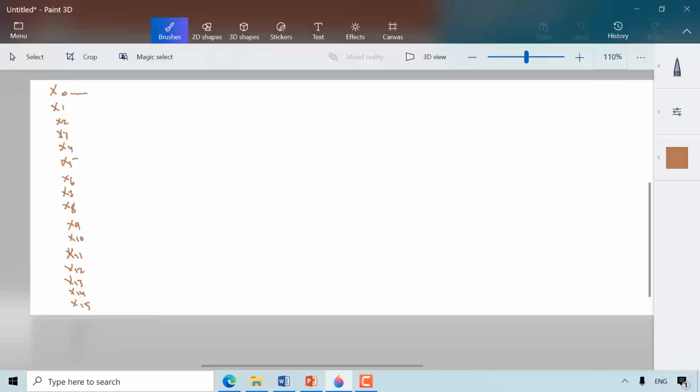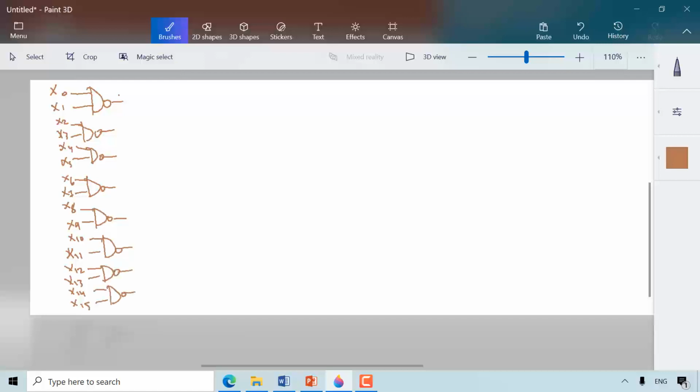So what do we do? We use a NAND gate here, a NAND gate here, and so on, eight NAND gates in total.